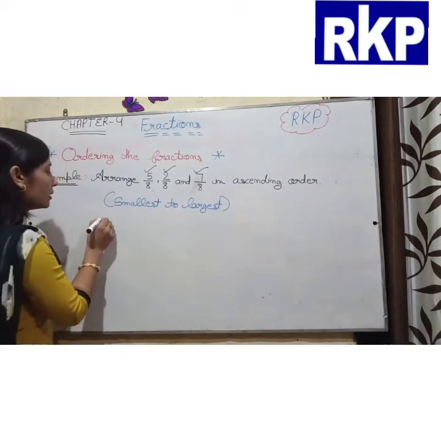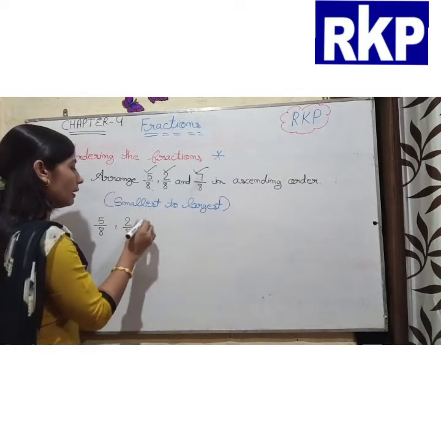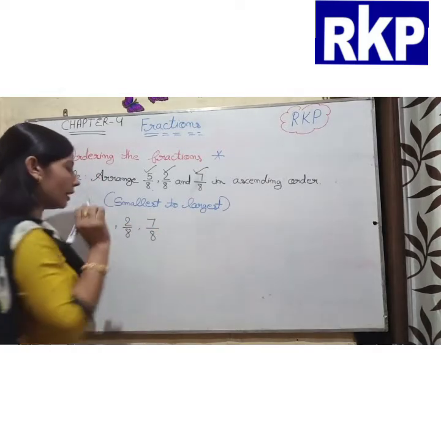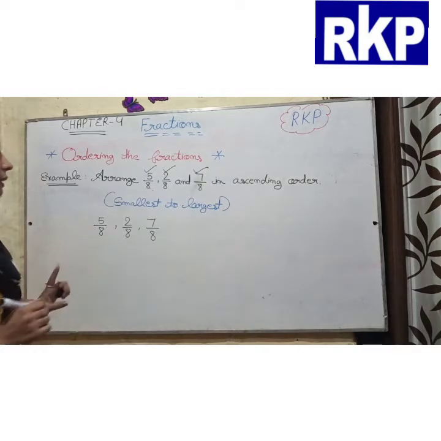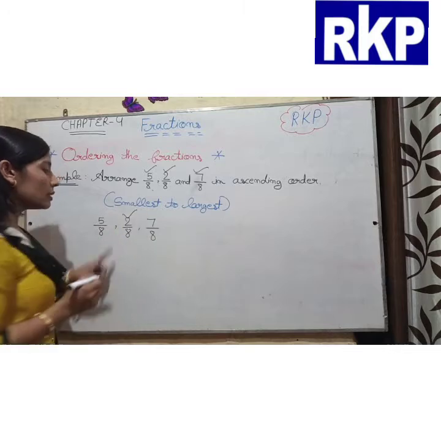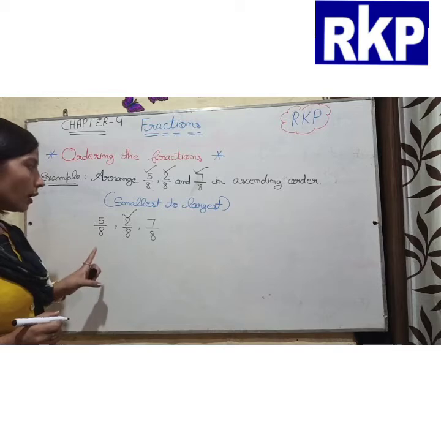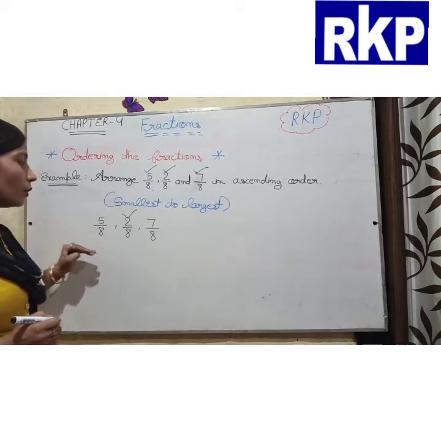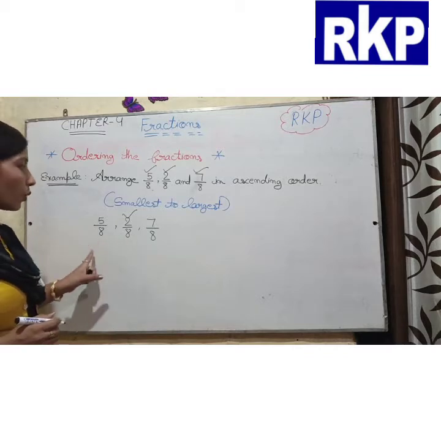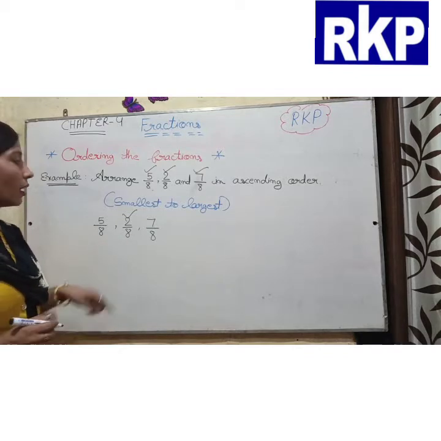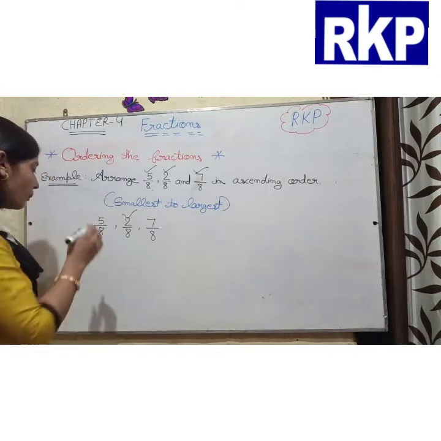Here 5 by 8, 2 by 8, 7 by 8. Now here we can see 2 is the smallest number among these. So we have to arrange these fractions in ascending order, from smallest to largest.